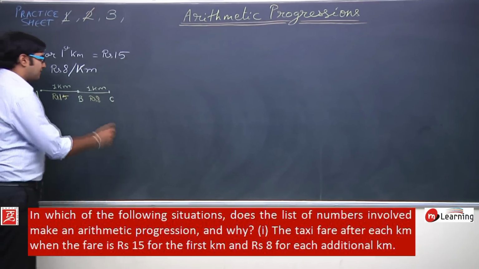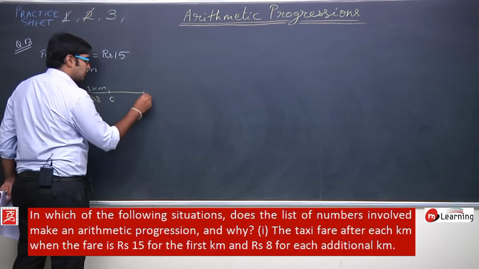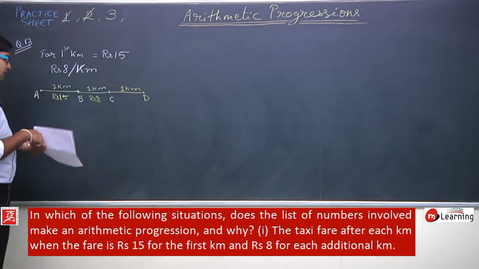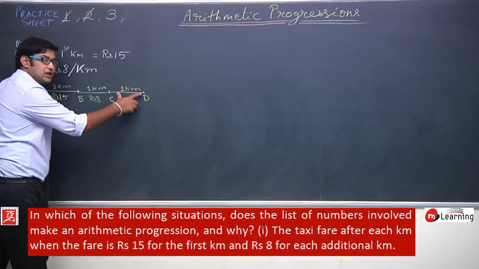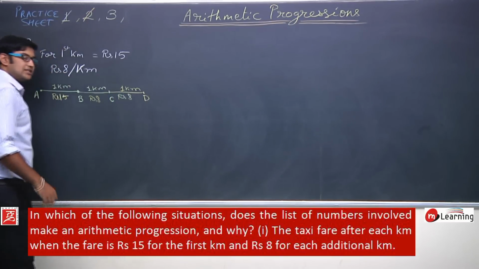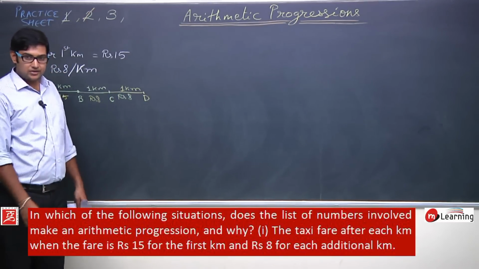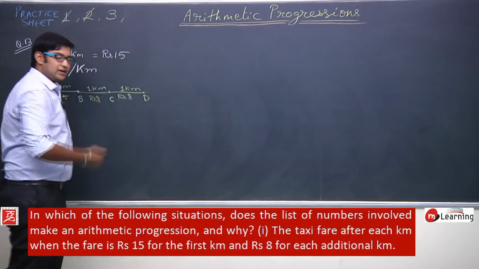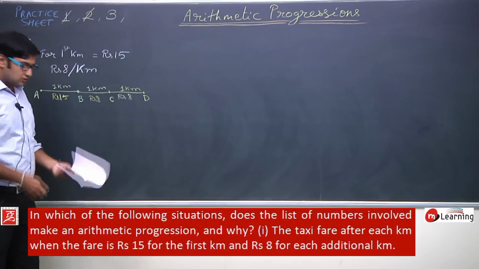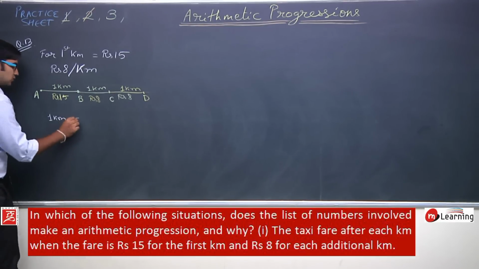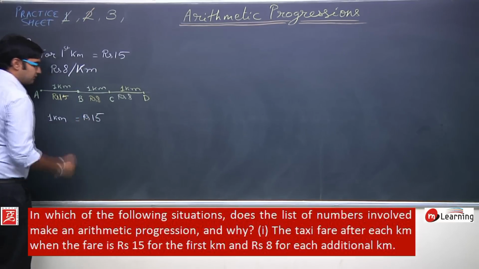If I move to a point D, which is again 1 kilometer away from C, for this additional kilometer I need to again pay rupees 8. Similarly if I move to a point T, I need to pay again 8 rupees for that kilometer. So for 1 kilometer of journey I need to pay rupees 15.